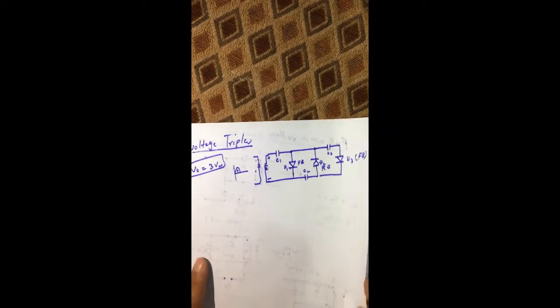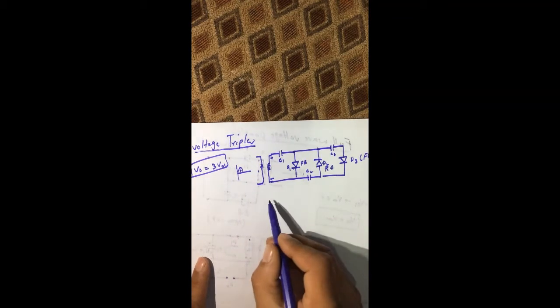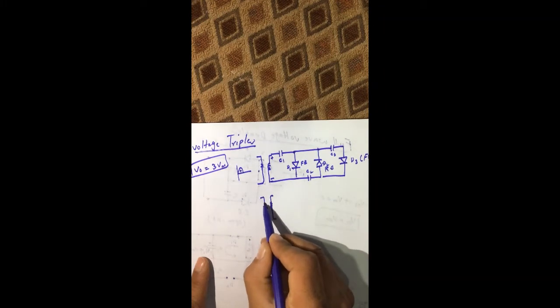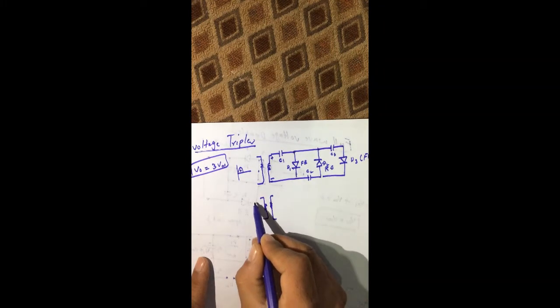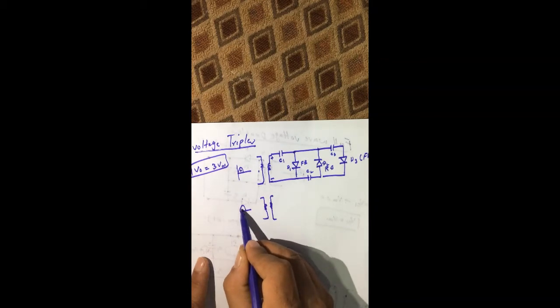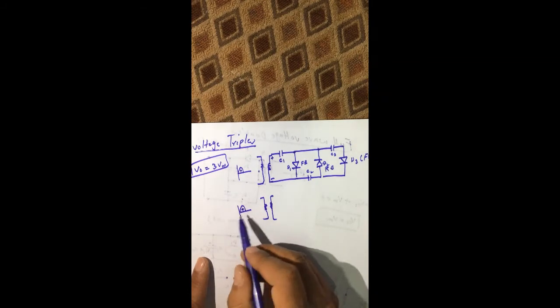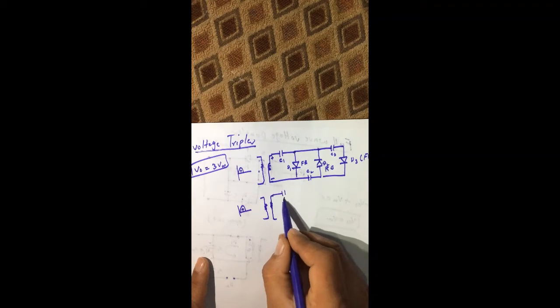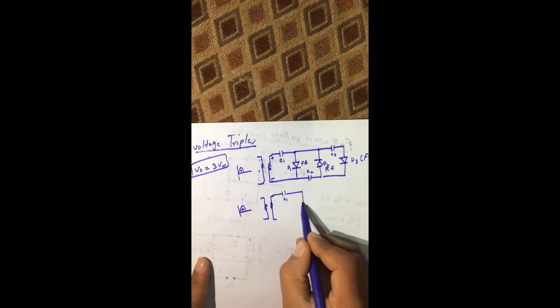Now here I will replot this figure again. This is during the first positive half cycle. This is C1, and here we have diode D1 which is forward bias, so it means that there is a connection between these 2 points.